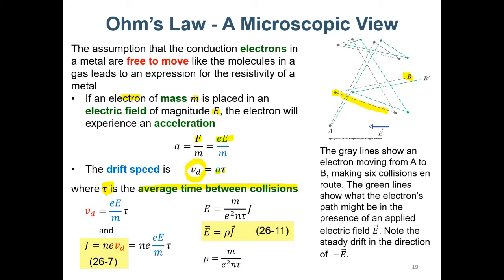So here we substitute a equals eE over m into here. So we have Vd equals this. And previously we also introduced J equals n e Vd. So we can substitute Vd into here so that J will look like this.